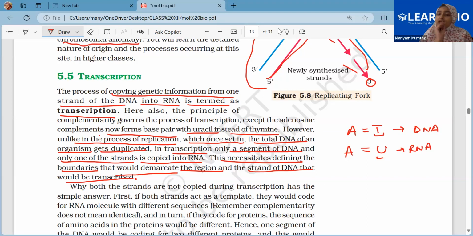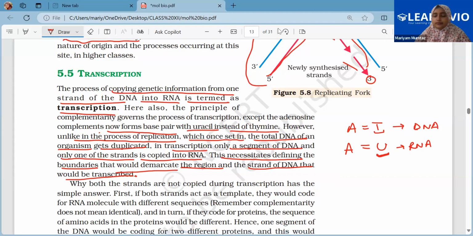During this process adenine forms base pairs with uracil, and once the transcription starts, it is done only for one segment, not the entire length of DNA. Whereas in DNA replication, once it starts, the whole DNA gets replicated.